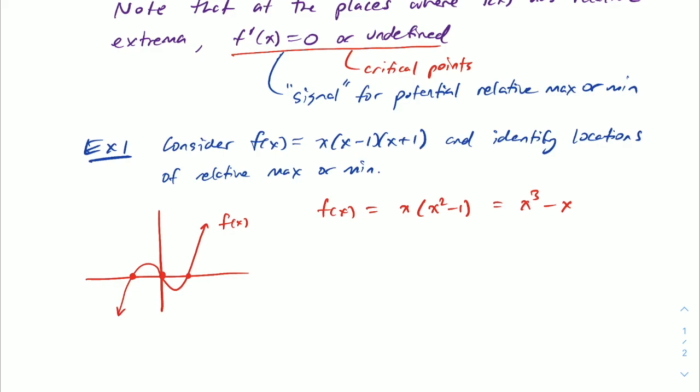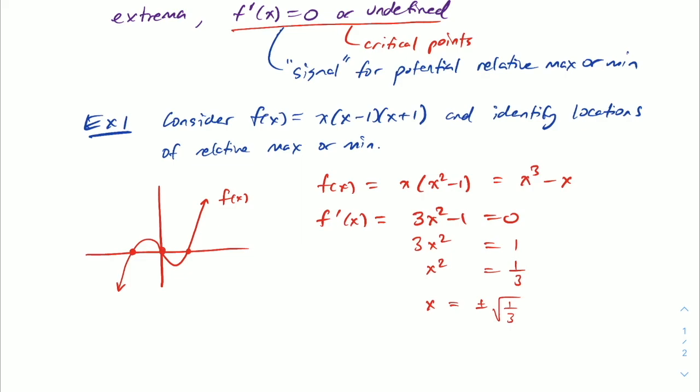So let's now take the derivative and set it equal to 0. The derivative is, by the power rule, 3x squared minus 1. Set that equal to 0 and try to find x. So we'll get 3x squared equals 1, or x squared equals 1/3, or x equals plus or minus the square root of 1/3.